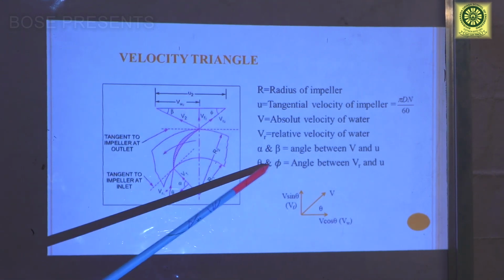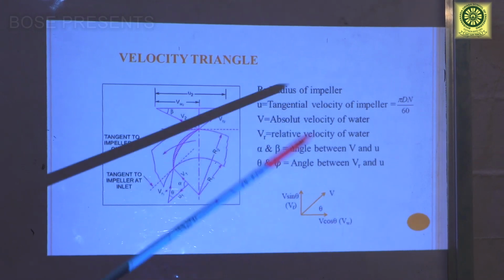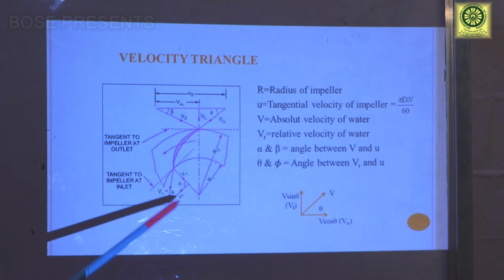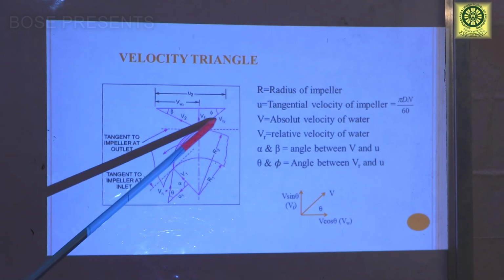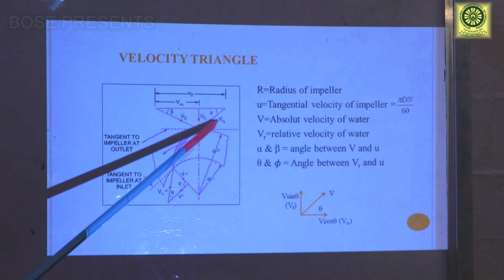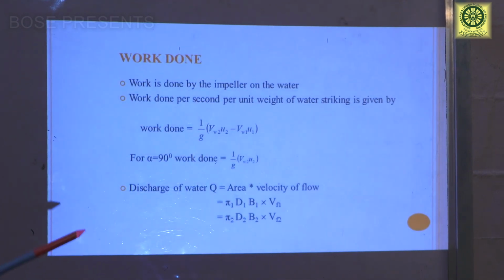Then theta and phi are the angles between VR and U for inlet and outlet respectively. That is, for the inlet the angle between VR1 and U1 is theta, and for the outlet the angle between VR2 and U2 is phi.